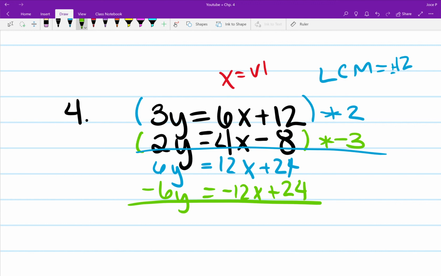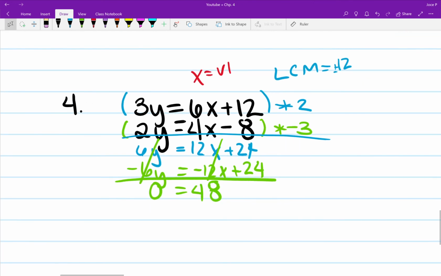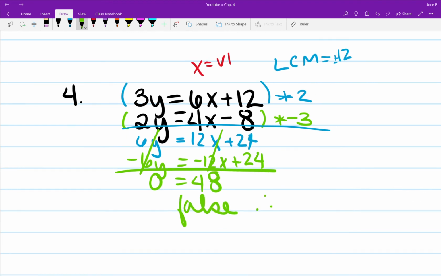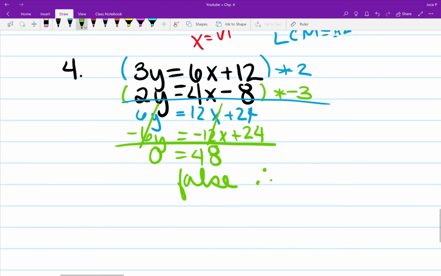Great. So now we're going to have this and this equals 0, equals this equals 0. Then we have 48. Wait a second. This is a false answer. This is false.